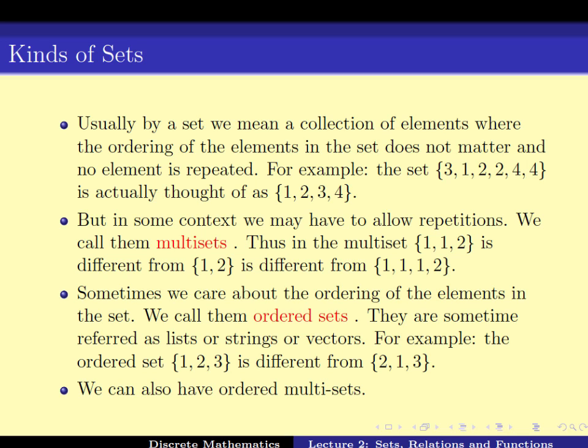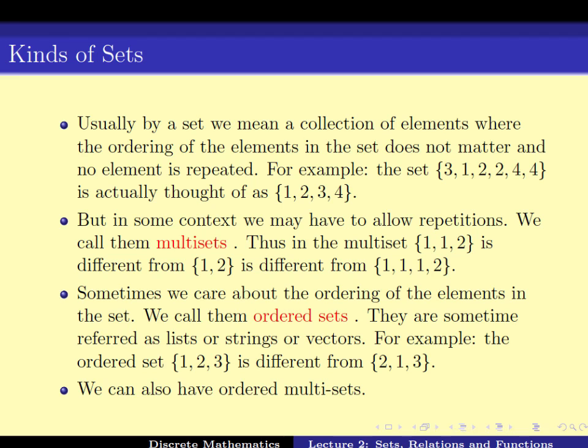But in certain contexts, we might have to use these repetitions. These are called multisets. So a multiset is a set where repetitions matter. That means, say, the set of 1, 1 and 2 is different from the set of 1 and 2.